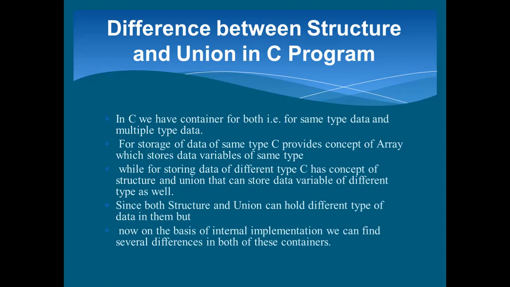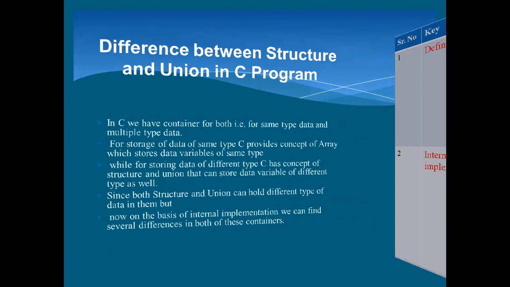Arrays can hold only homogeneous elements, that means similar data values, whereas structure and union contain heterogeneous, that means different data type values. Since both structure and union can hold different types of data, on the basis of internal implementation we can find several differences between these two containers.